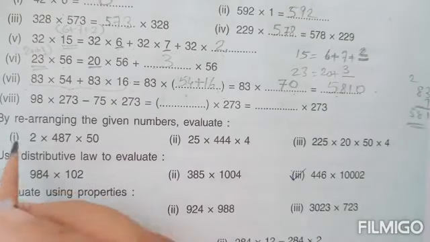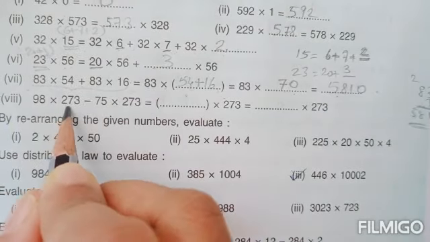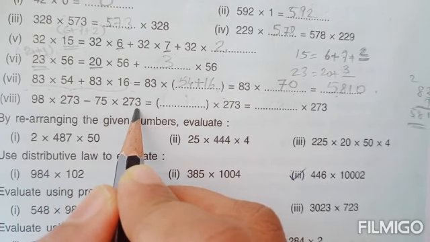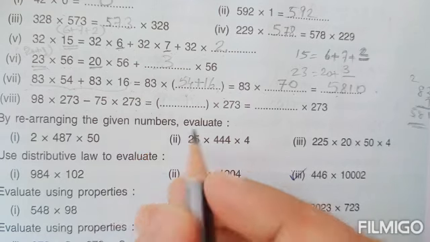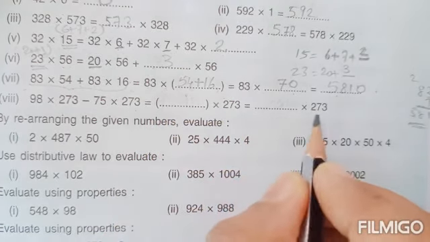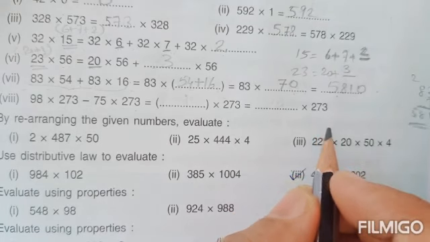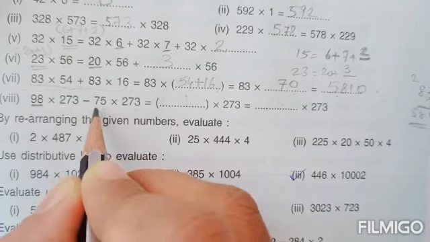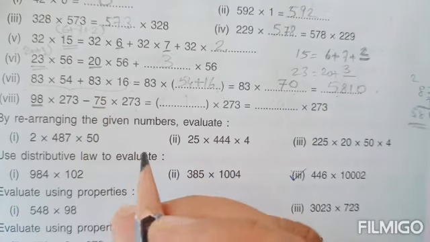Okay. Now the eighth one: 98 into 273 minus 75 into 273. Here also the distributive property, equal to dash into 273 equal to dash into 273. So what will come? 98 into 273 minus 75 into 273.